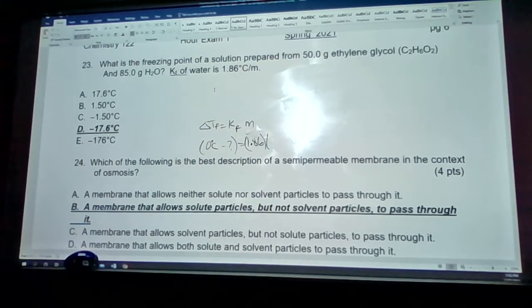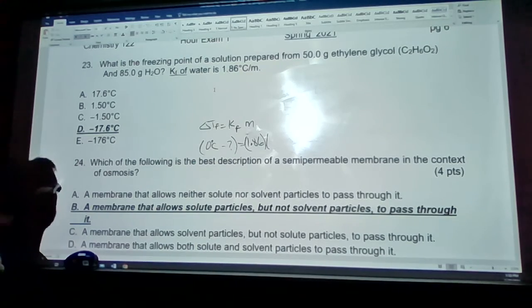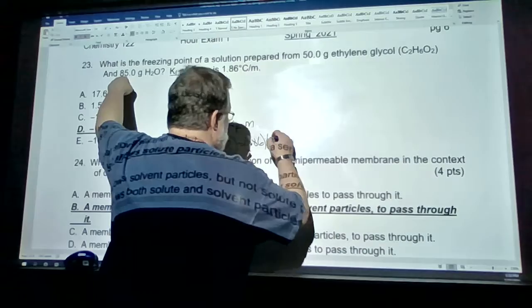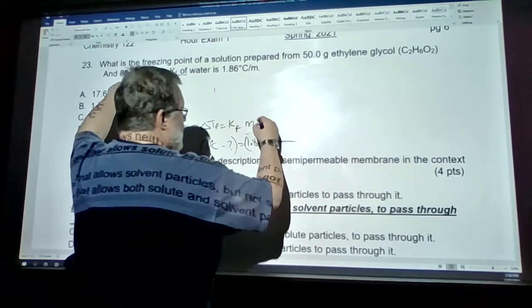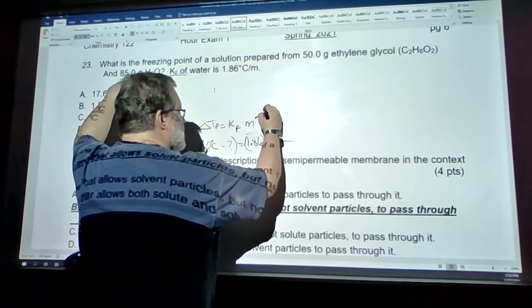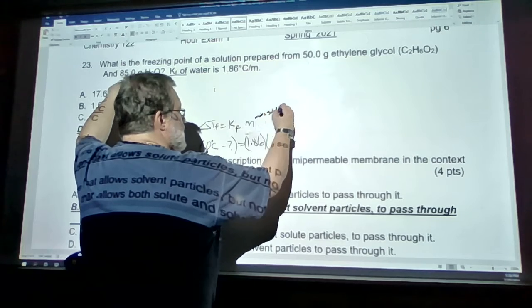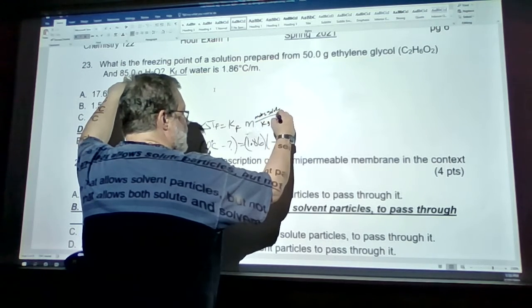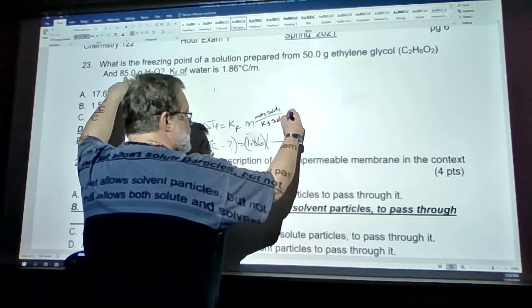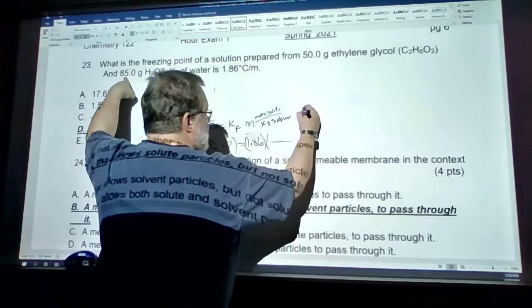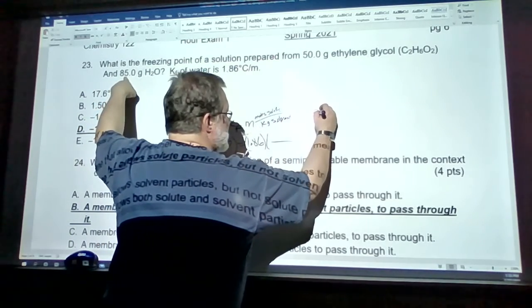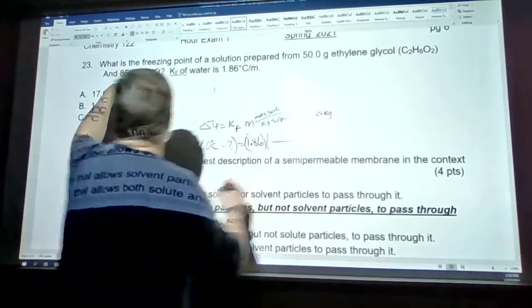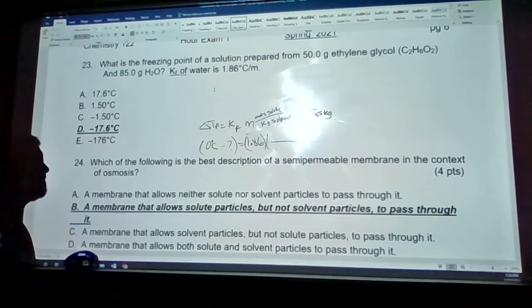The molality is moles of solute divided by kilograms of solvent, so moles of ethylene glycol divided by the kilograms of water. This is 0.085 kilograms. 85 grams divided by 1,000 is 0.085.